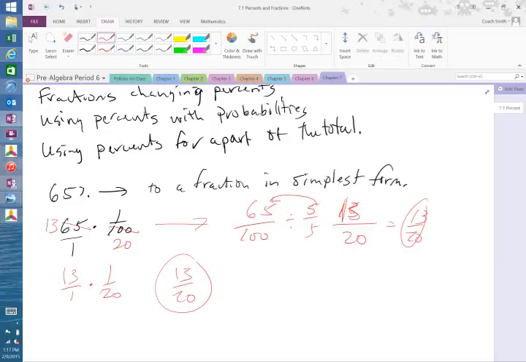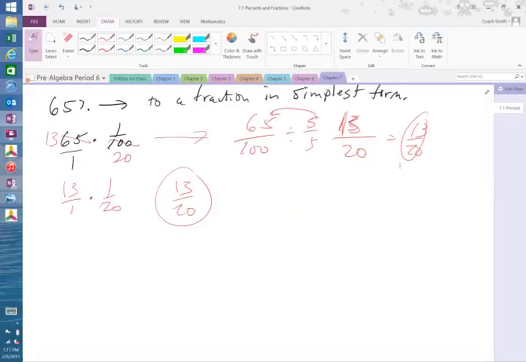Okay, so let's look at another one. Yeah, because the percents are based on 100. Everything you're going to do, from reducing them, whatever, is always going to be based on that 100. So if I have 88%, I just say 88 over 1 times 1 over 100.